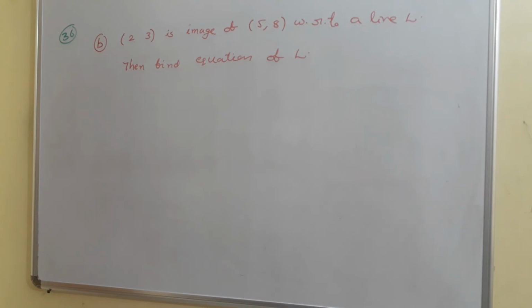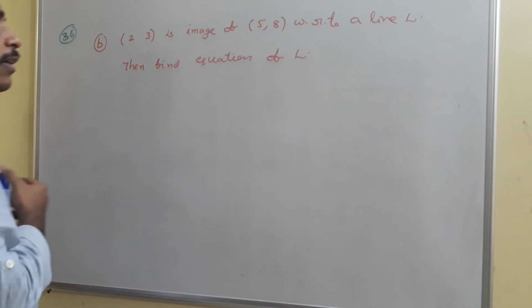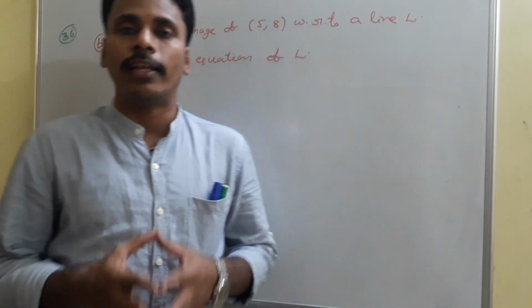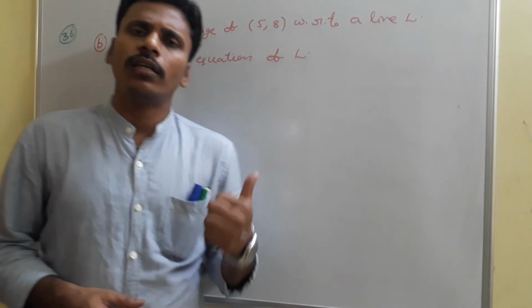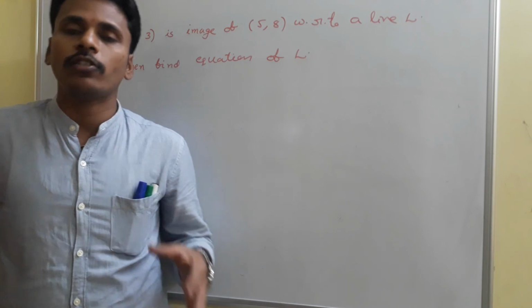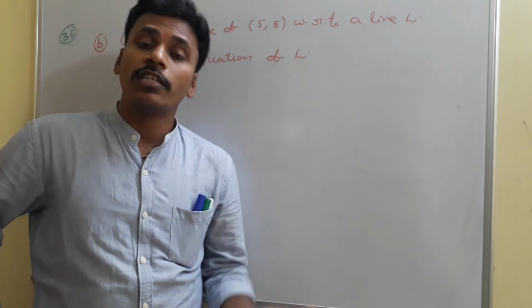Just look at the problem on the board: 2, 3 is the image of 5, 8 with respect to a line, and now our intention is to find that line L. See, actually in 36a we found the foot of the image of the point, but here the image is given.